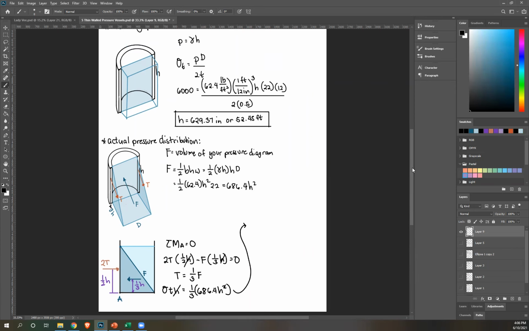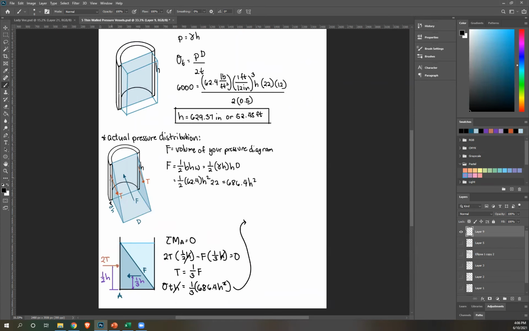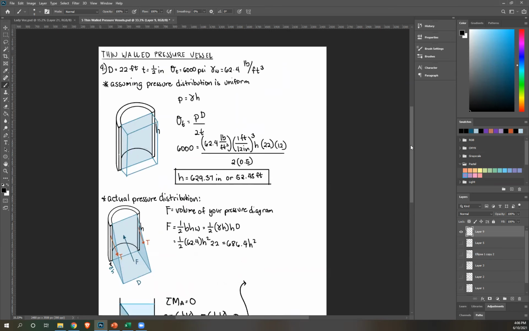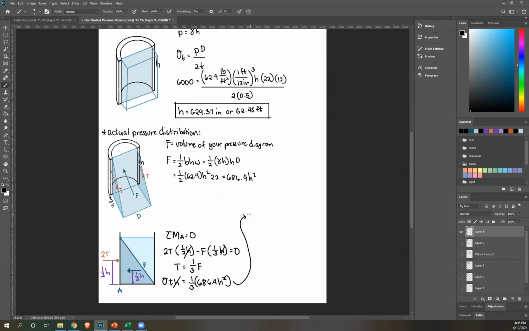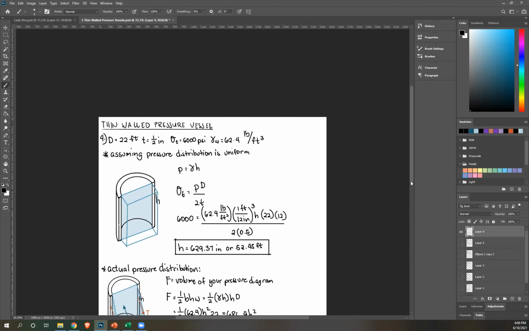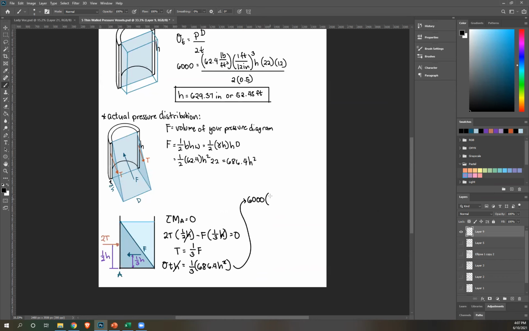Sigma, that's the stress being experienced by your material, which is given to be 6,000 psi, or allowed to be 6,000 psi. So 6,000 times thickness, since h cancels out, thickness is 1/2 inch. So 6,000 times 1/2 equals 1/3 of 686.4.